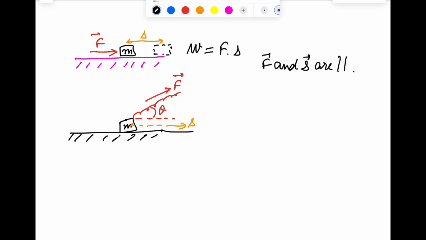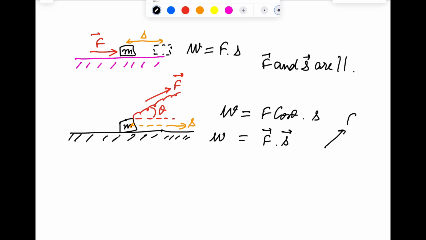Now in this case, work done W would be the product of the force component in the direction of the displacement, that would be F cos theta, times S. Now this is of course the dot product of F vector and S vector, because F is this and S is this and this is theta.